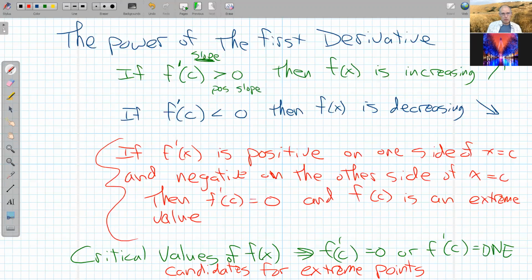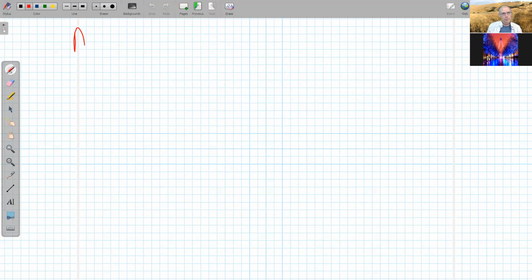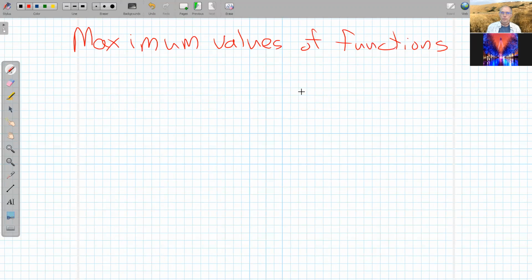So taking it just a little bit farther, maxes and mins, right? Maximum values of functions. So in this case, f prime of x is greater than 0 for x less than c.